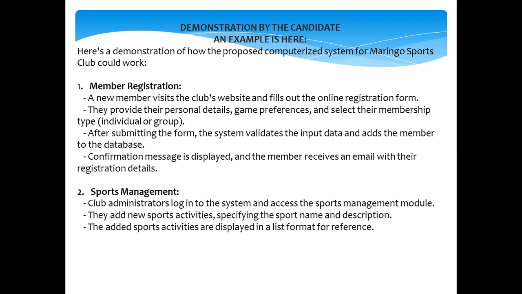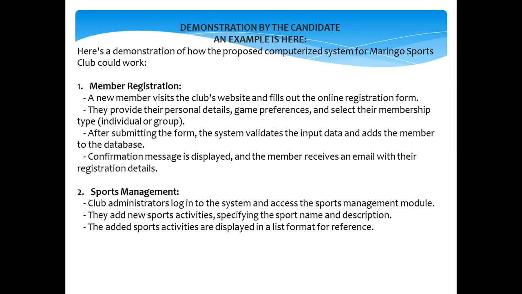So member registration. A new member visits the club website or the database and fills out the online registration form. They provide their personal details, game preferences, and select their membership type, individual or group. After submitting the form, the system validates the input data and adds the member to the database.